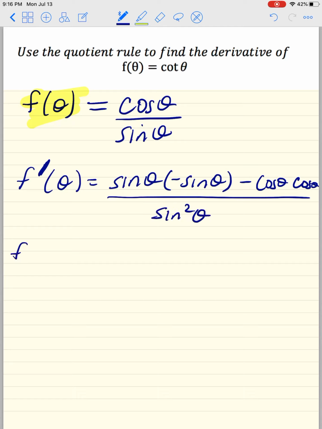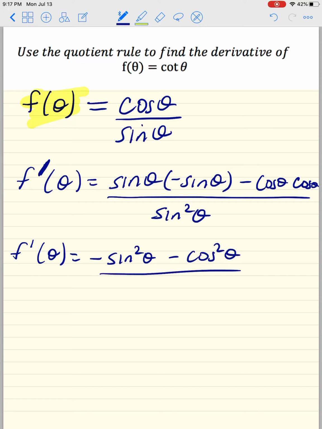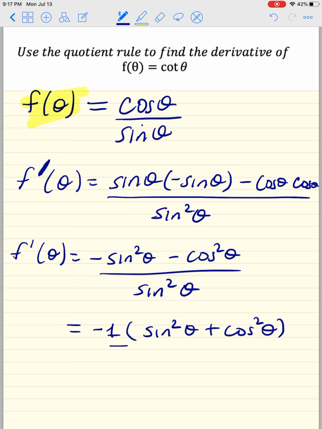Let's see what that looks like. We're going to make that negative sine squared theta, negative cosine squared theta, all over sine squared theta. I'm going to factor out this negative 1, and I'm going to be left with sine squared theta plus cosine squared theta, all over sine squared theta.